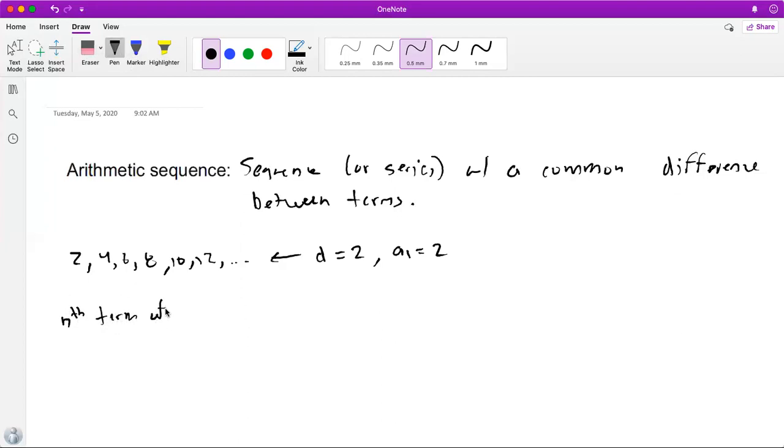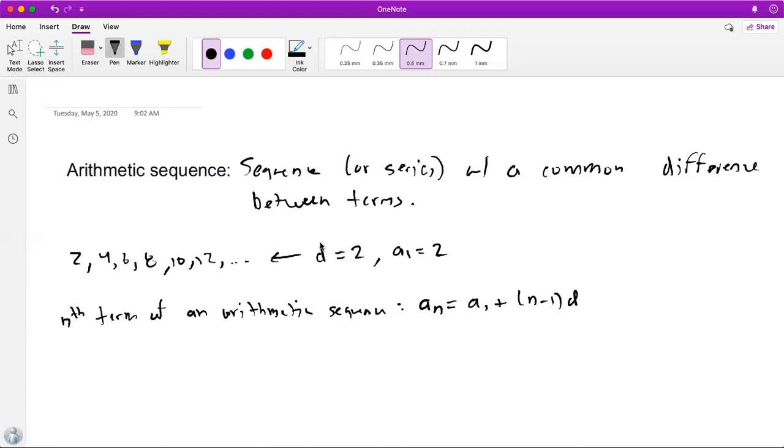The nth term of an arithmetic sequence, the explicit formula, is an equals a1 plus n minus 1 times d. So the nth term is the first term plus n minus 1 times the common difference. So this d and this a1, this d and this a1.